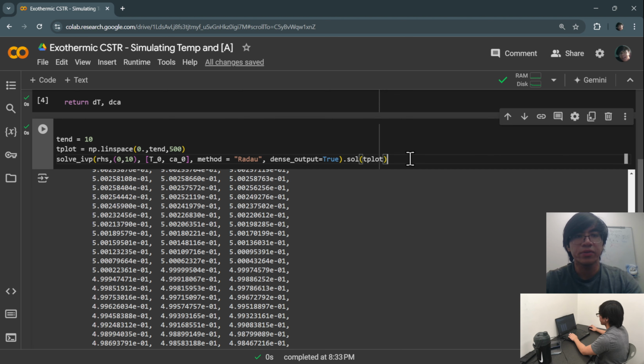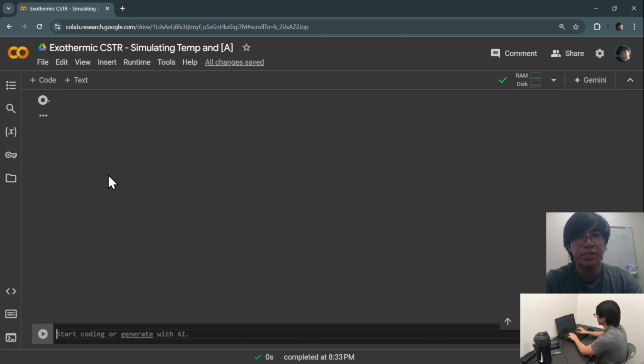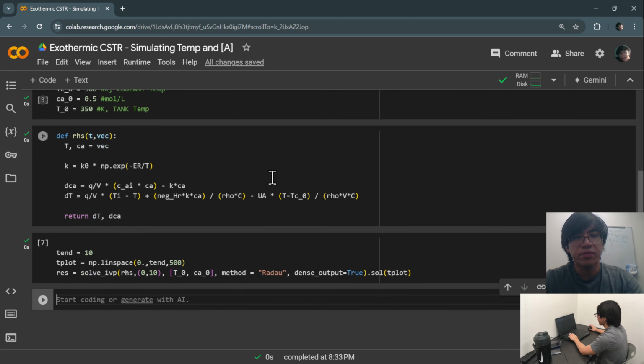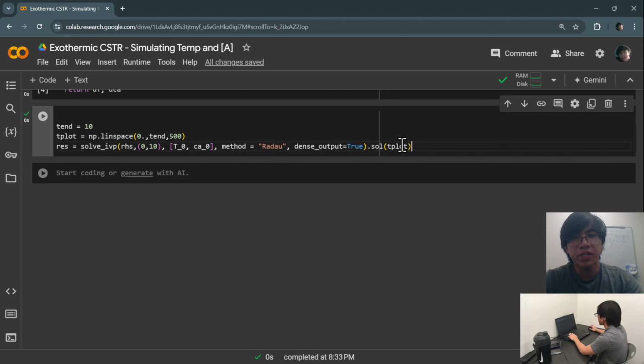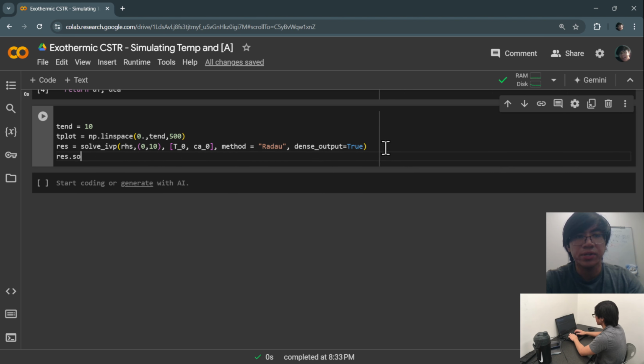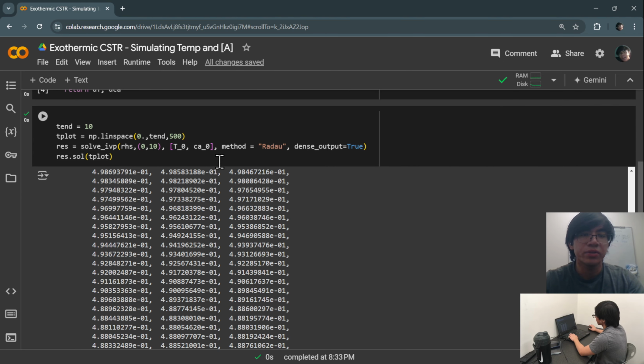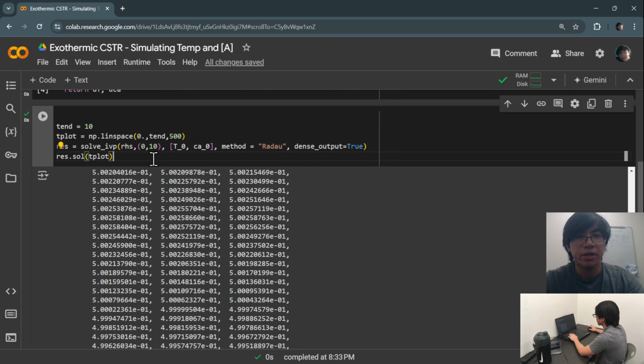Awesome. Now if we just store this variable, just to make things look neater, actually, let's clean this up a bit. We're storing the variable as solve IVP, and then if we do the res solution, call the function at t-plot, then we should have the same thing, and it's a lot cleaner in one line.